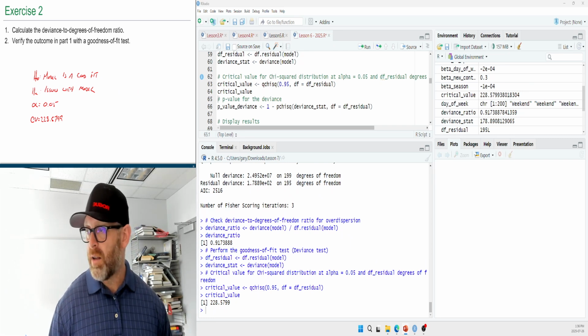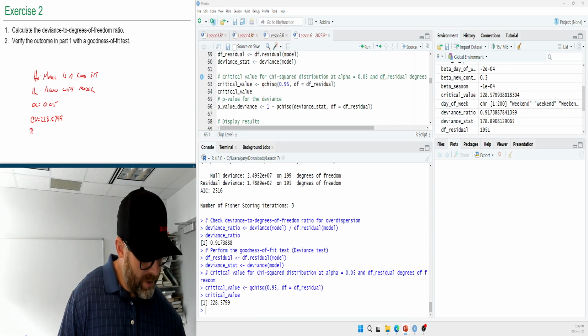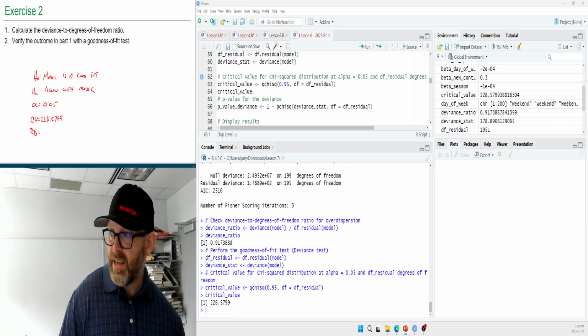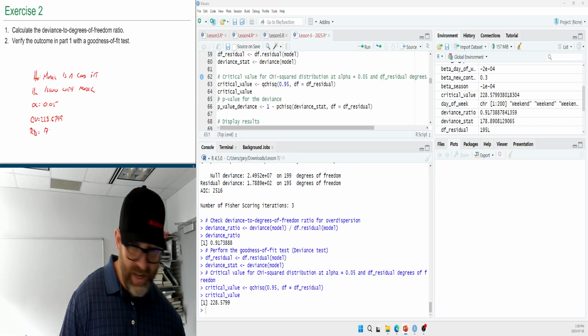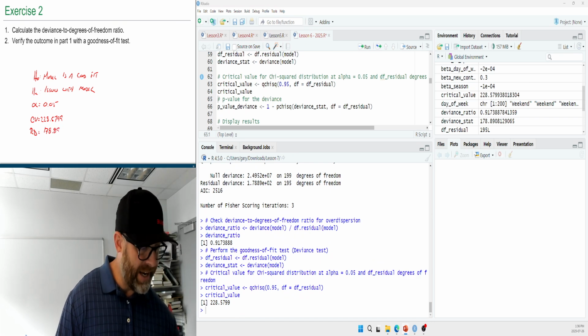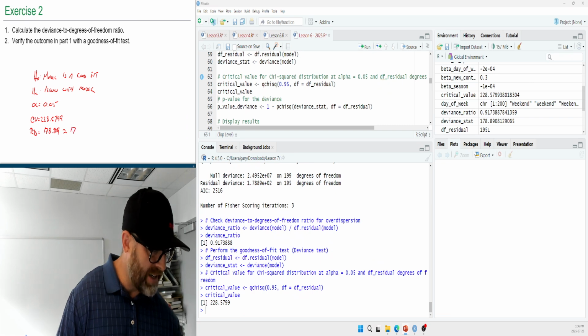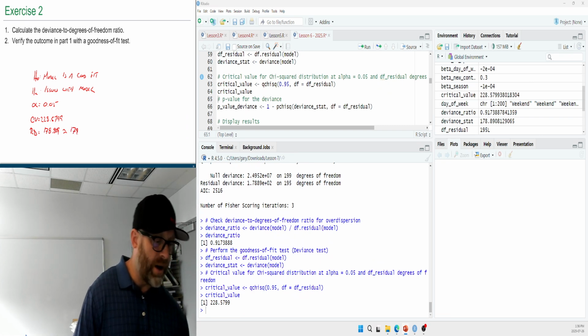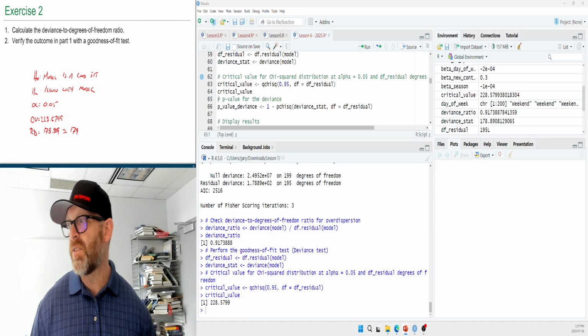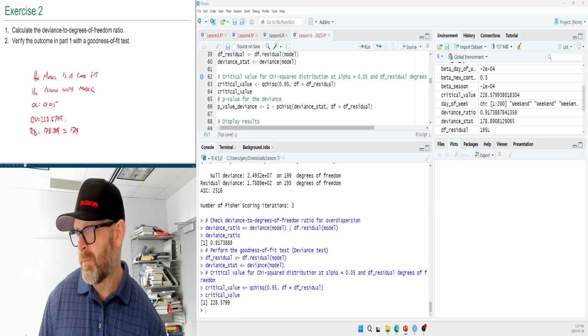So for us, our residual deviance is 178.89, give or take. It's approximately 179. So that's less than the critical value, so I would fail to reject the null hypothesis. Now I can also find out what the p-value is.